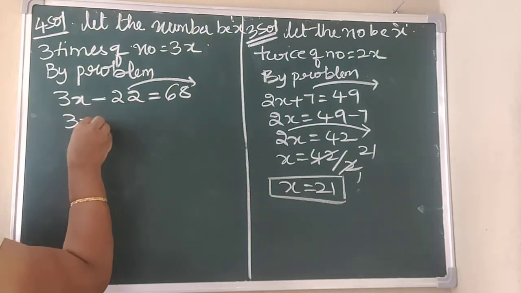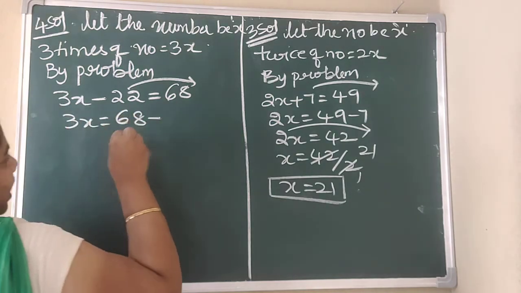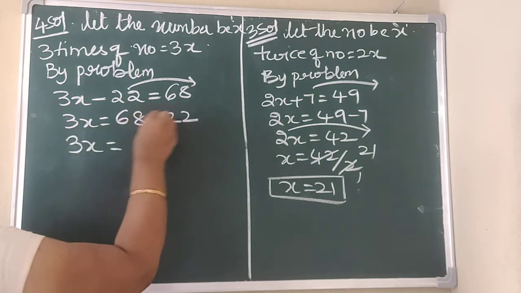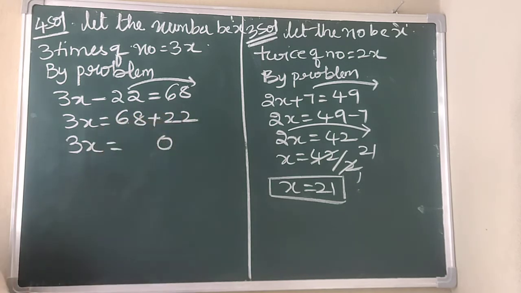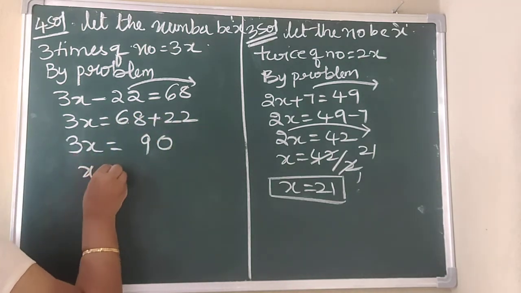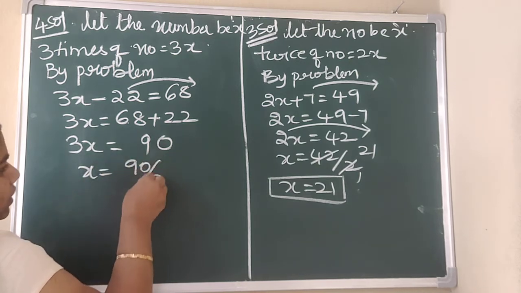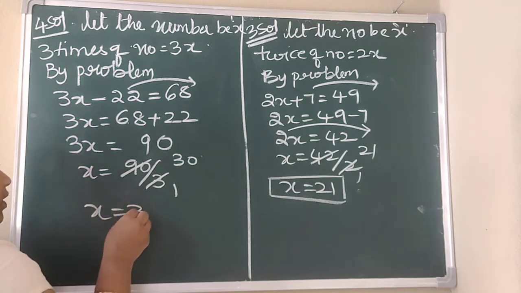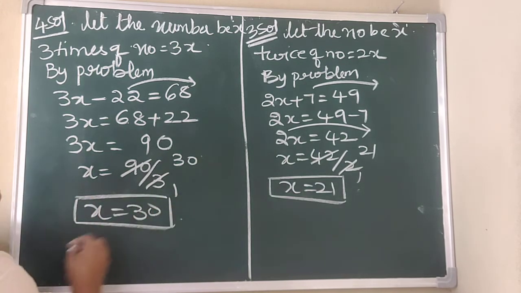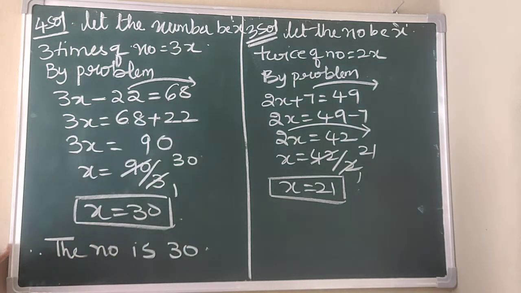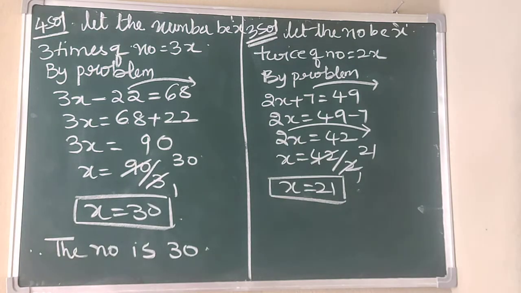So 3x is equal to 68 plus 22. So 3x is equal to 8 plus 2 is 10, 6 plus 2 is 8, 8 plus 1 will be 9, so it will be 90. So x is equal to 90 by 3, 3 nines are 27, 3 tens are 30. So what is the number here? Therefore the number is 30. So this is our fourth solution.